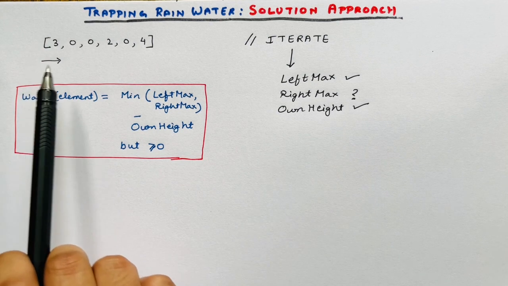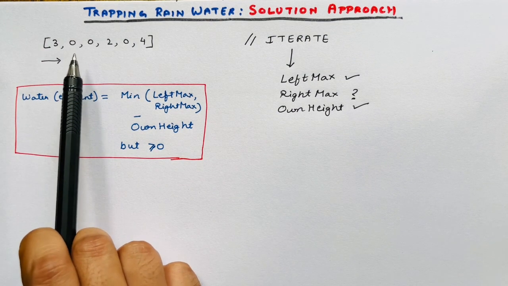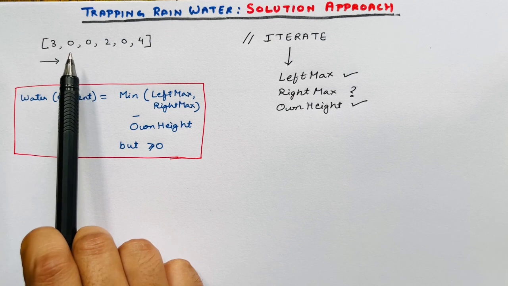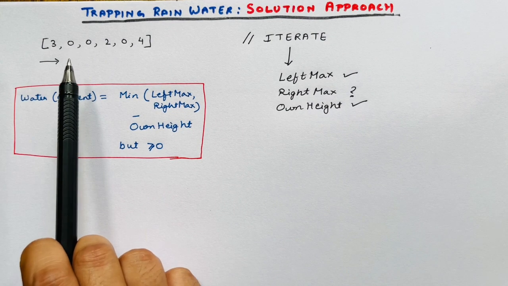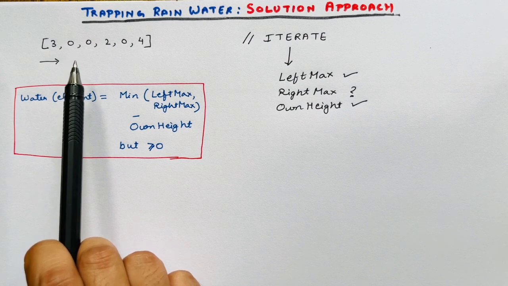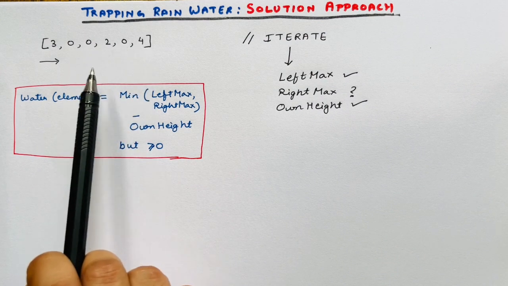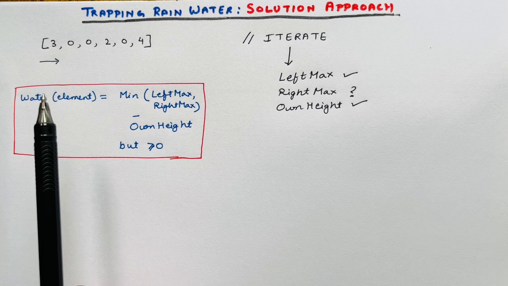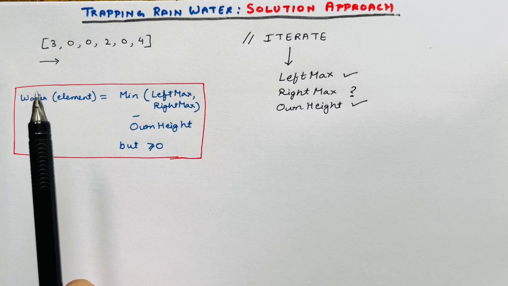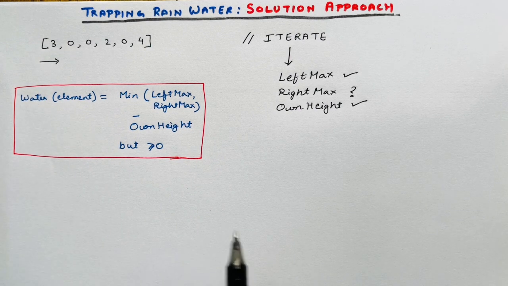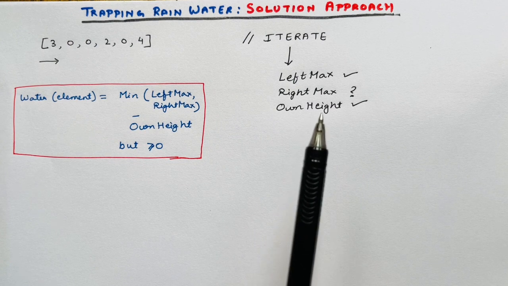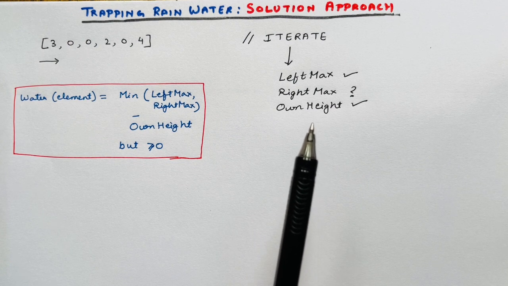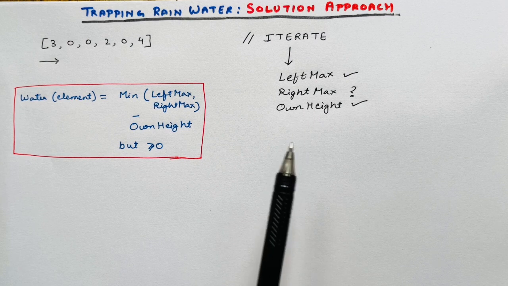We have the own height, but do we have the right max? When we are traversing from left to right, let's say I am at this element, do I have the right max for this element? I don't have it, right? Because to have it, I will have to see all these elements and know what is the maximum among these. So there is some problem. We cannot have left max and right max both calculated during the iteration using variables like previous and current.